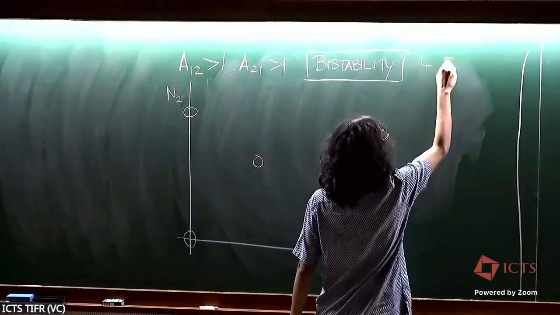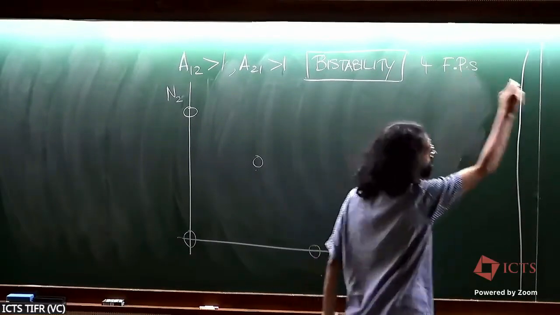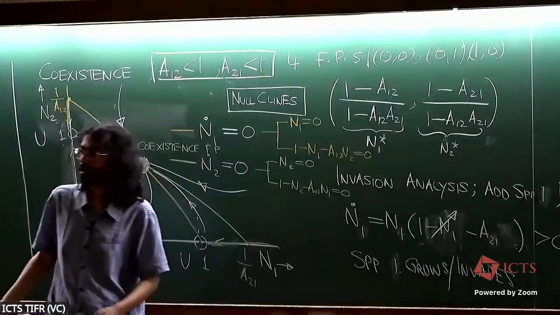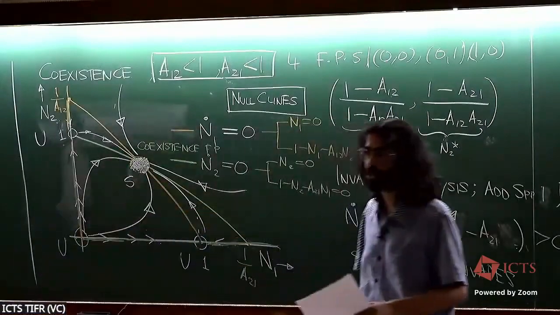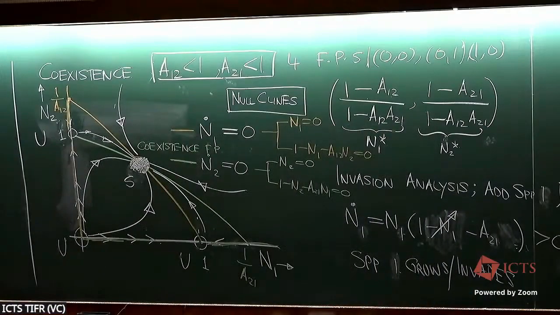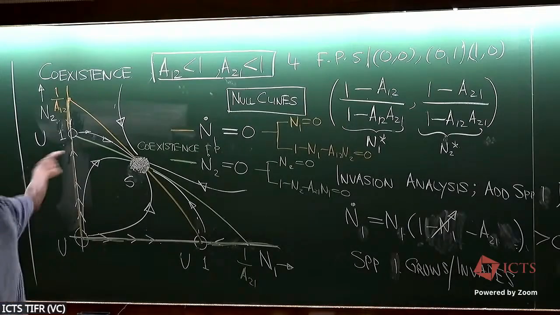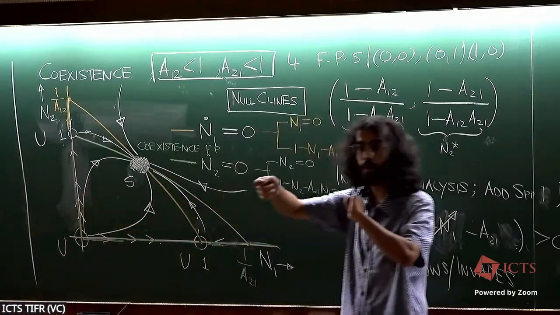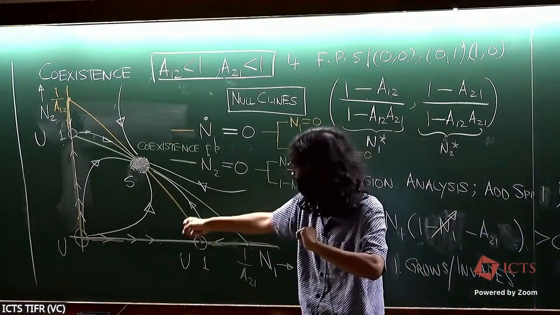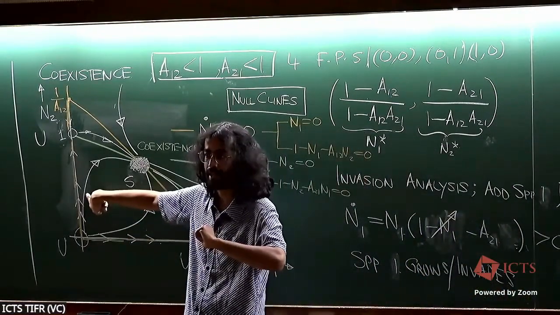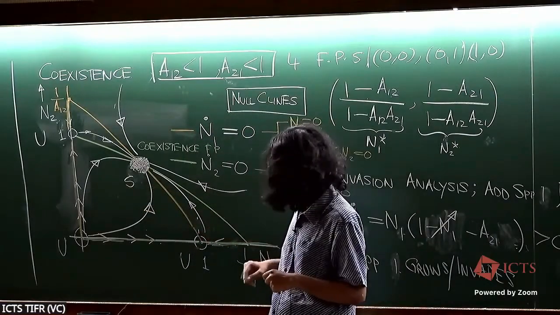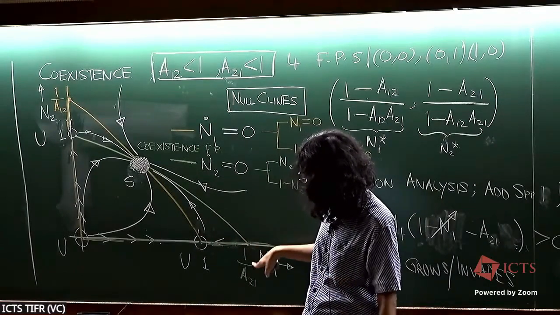Okay, so are we basically going to get the same picture as we got here? The null lines are going to still look the same. What's going to happen in terms of this picture to the null lines? So compared between here and here, A12 and A21 became larger than 1 now, right? So would anything change about these? I guess these two null lines stay the same, right? What about these two null lines? What about this? Let's look at this green null line.